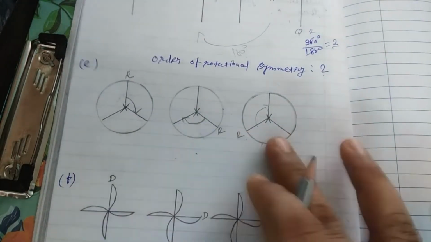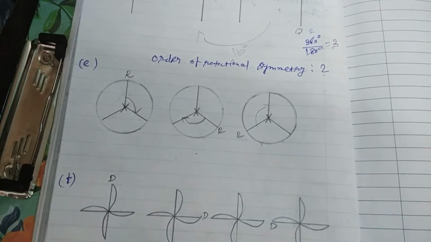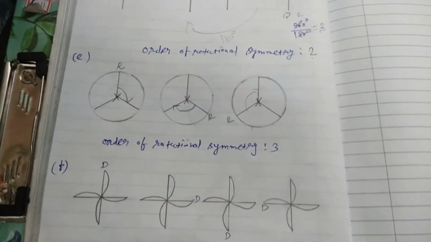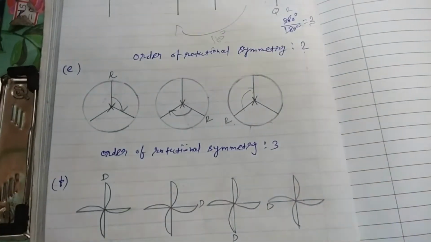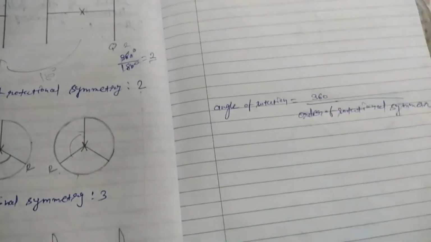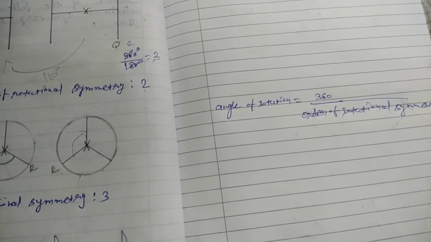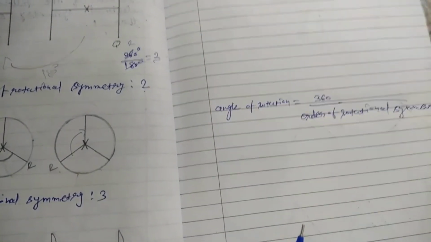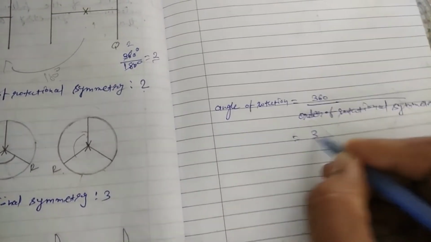So how many times have we rotated? That means 3 times. The order of rotational symmetry is 3. Now what is the angle of rotation? If we want to find the angle of rotation, we use this formula. Angle of rotation is equal to 360 divided by the order of rotational symmetry.